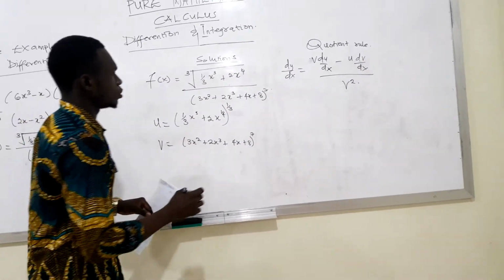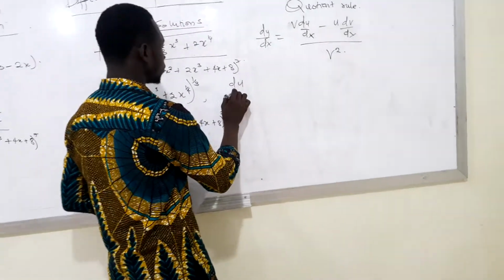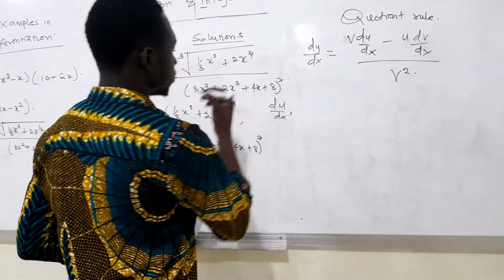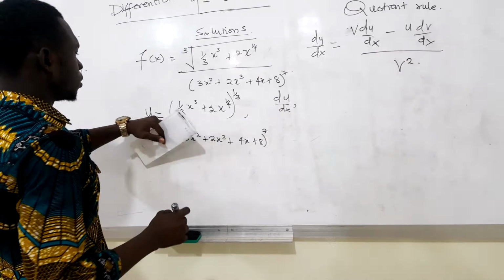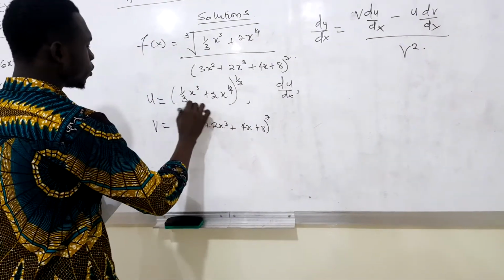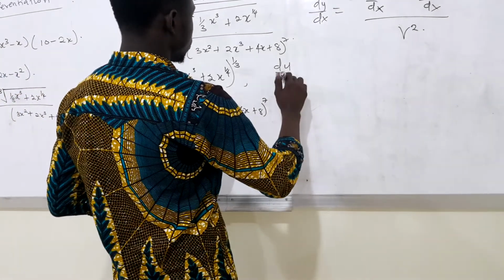And so our du/dx can also be expressed using the chain rule. So we will represent this whole expression by k.